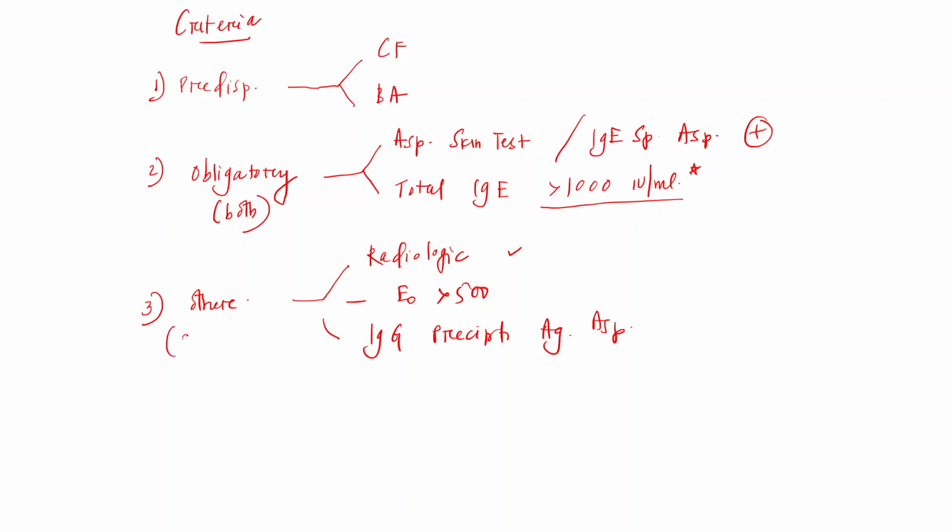Among these three, two should be present, 2 out of 3. So among the predisposing factors, either cystic fibrosis or bronchial asthma should be present. Among the obligatory criteria, both should be there, and among the others, 2 out of 3 should be there: radiologic, eosinophil more than 500, or IgG precipitins against Aspergillus.